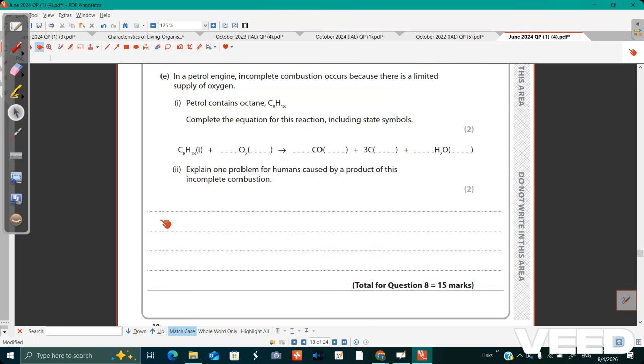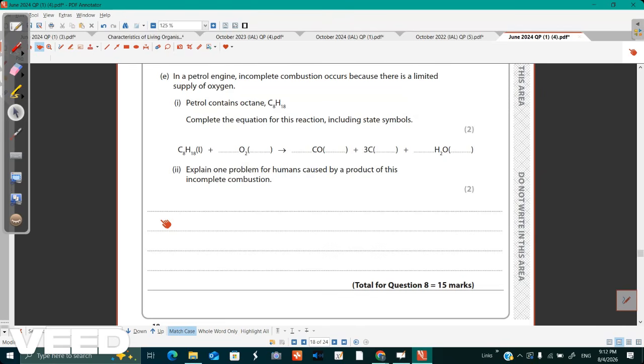In a petrol engine, incomplete combustion occurs because there is a limited supply of oxygen. Petrol contains octane, C8H18. Complete the equation for this reaction, including the state symbols. Explain one problem for humans posed by a product of this incomplete combustion. Incomplete combustion means a limited amount of oxygen is supplied. As a result, it is not combusted, it is not getting oxidized completely.